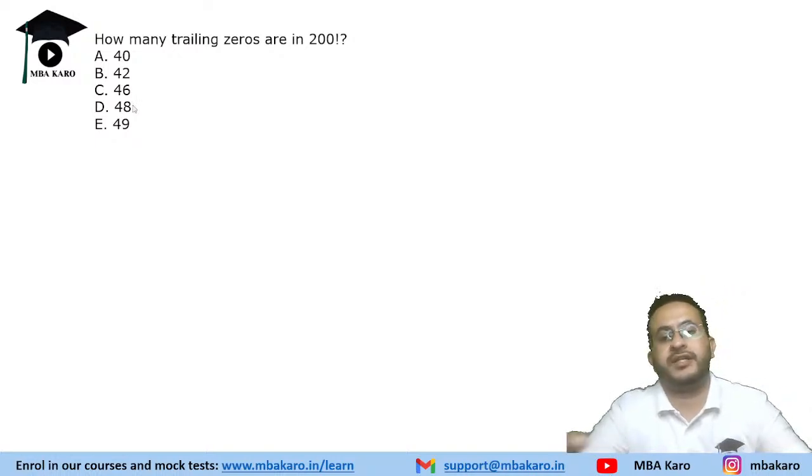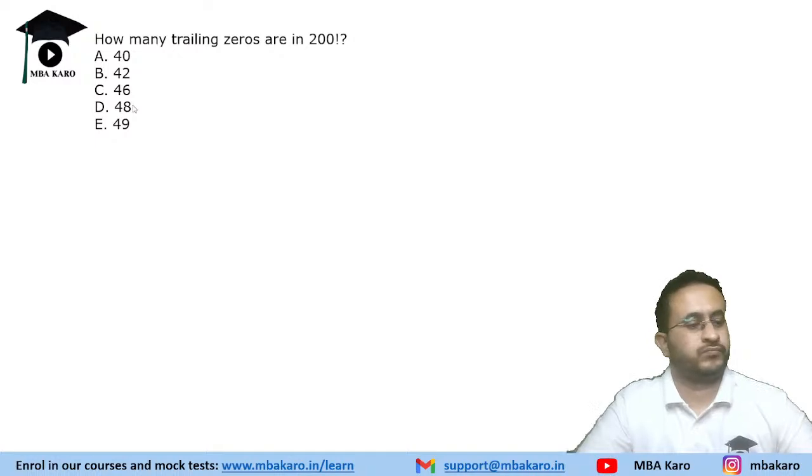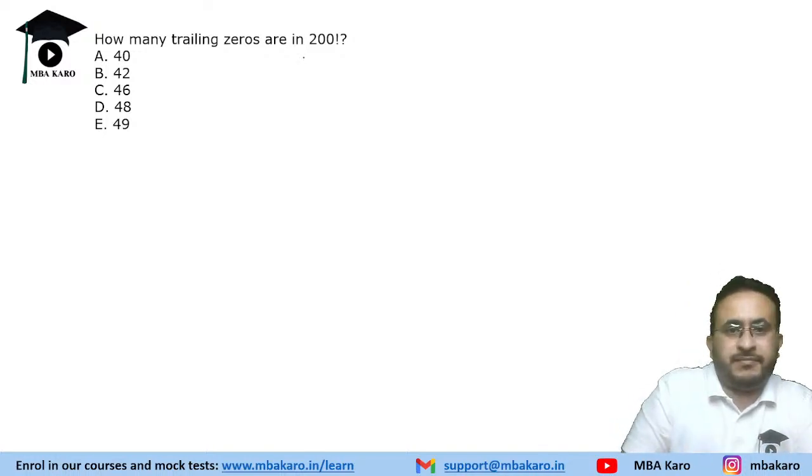It says, how many trailing zeros are there in 200 factorial? Now this is again a standard question.